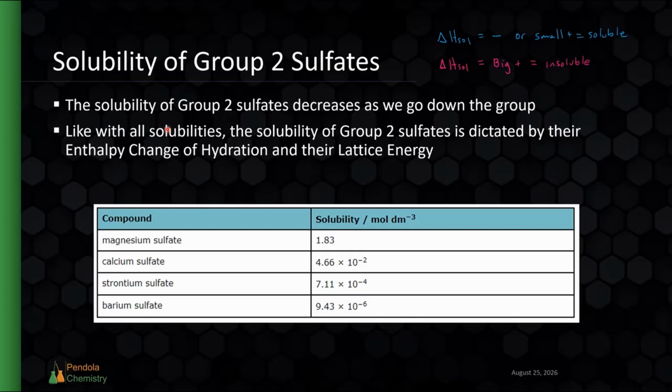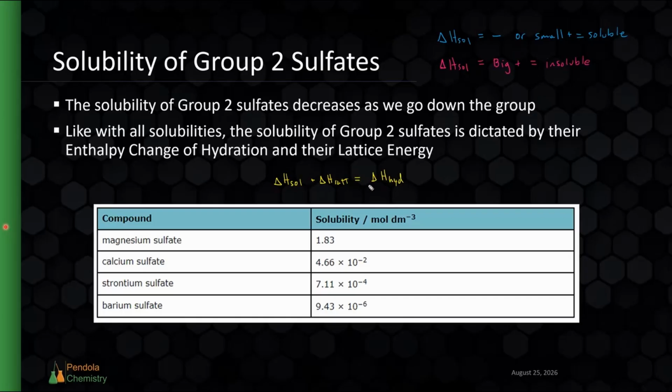With all solubilities, this is dictated by their enthalpy change of hydration and lattice energy. Why? The equation that we just learned for enthalpy changes of solution is that enthalpy change of solution plus enthalpy change of lattice is equal to enthalpy change of hydration.